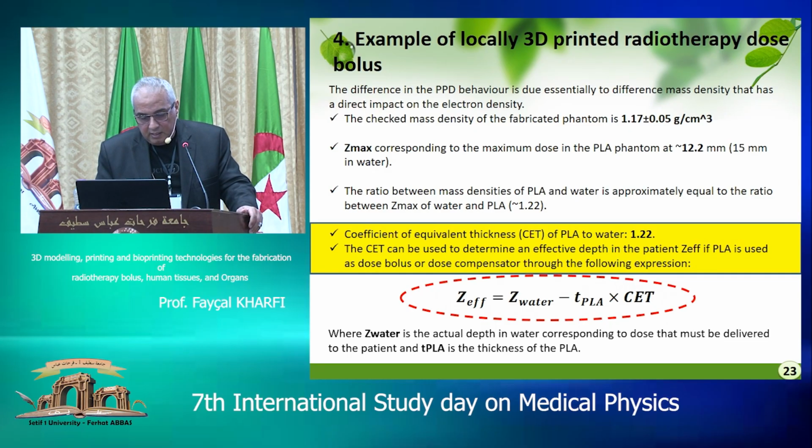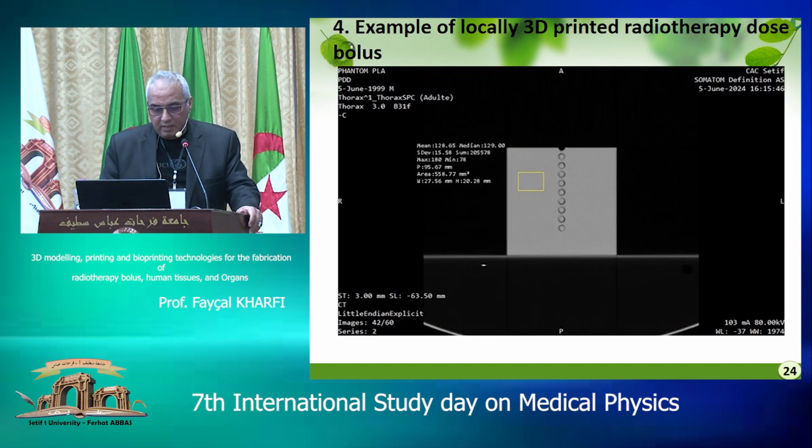And this coefficient is used to calculate Z effective corresponding to any thickness that the clinician defines when he is using the PLA as bolus. So everything now is defined. We introduce these quantities in the TPS.